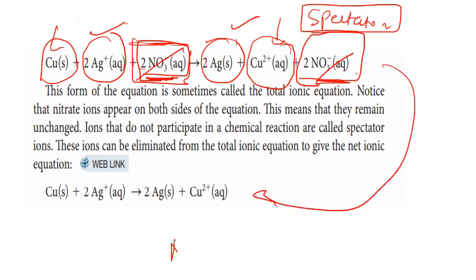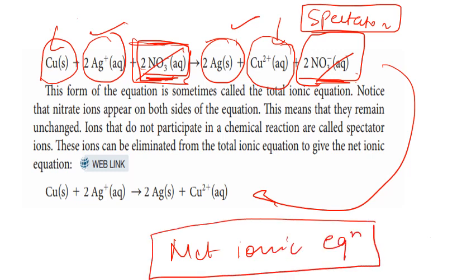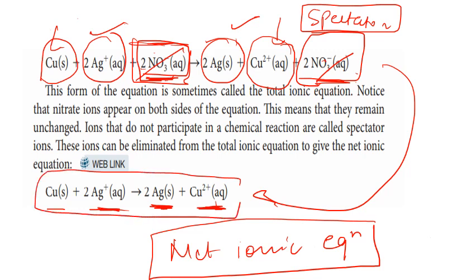We call it the net ionic equation. When you get rid of the spectator ions, you're left with copper solid and 2 Ag plus ions, and 2 Ag solid and copper 2 plus ions. So this form of equation is referred to as the net ionic equation.